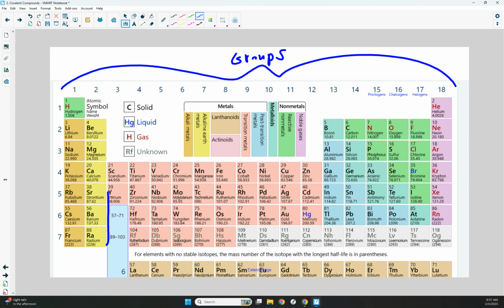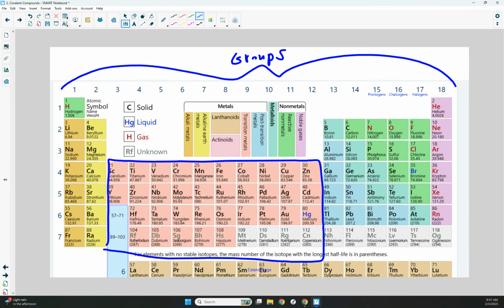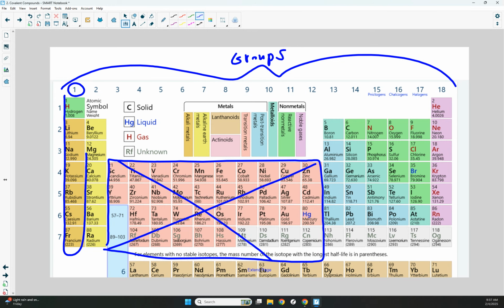I want to remind you also that in first year chemistry, we pretty much ignore all of these transitional metals. So we won't talk about them in this case. They are more complicated in just about every respect. But if we look at group 1 here, all of these elements in this column have one valence electron. Group 2, all the elements in this column have two valence electrons.